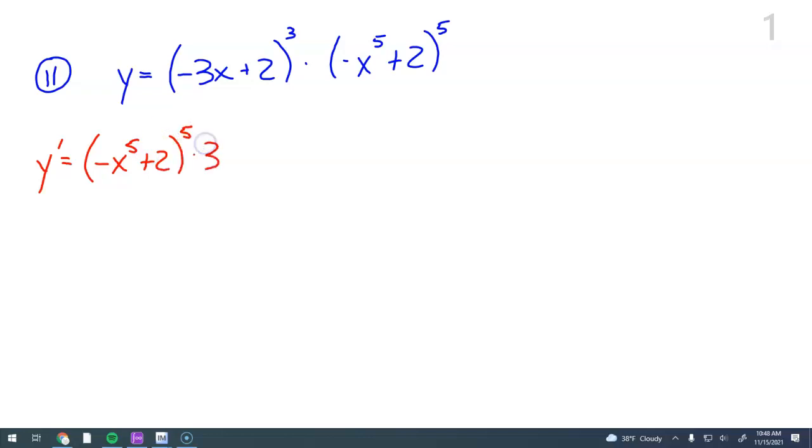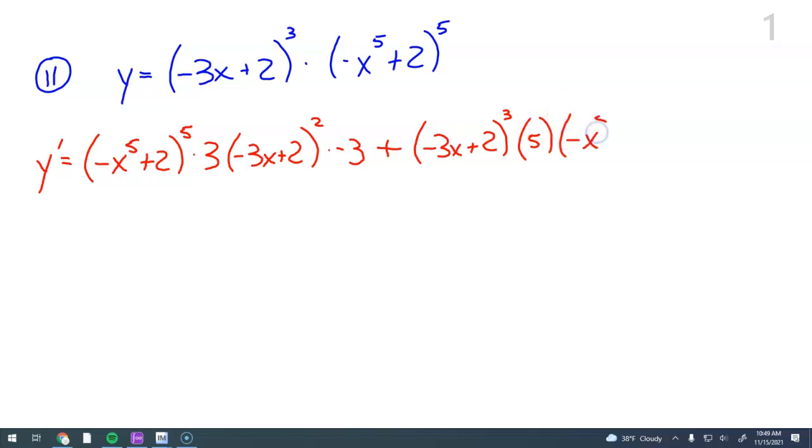Second thing times the derivative of the first thing times the derivative of the inside. Okay, then the first thing times the derivative of the second thing. So bring down the 5, leave the inside alone, reduce the power by 1, multiply by the derivative of the inside.